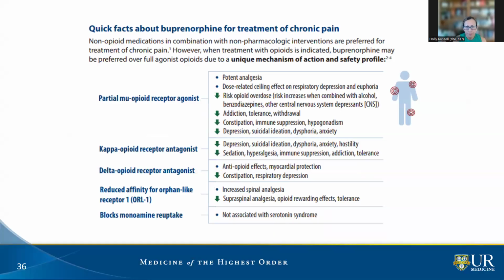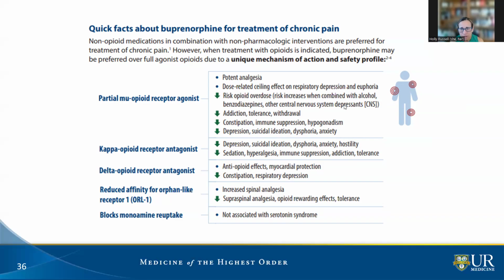This is an overview about the use of buprenorphine for chronic pain. You can see a summary of all of the different receptor effects. So the main ones are at that mu opioid receptor where it is a partial agonist, as we discussed at length. The analgesia has a dose-related ceiling effect. Again, it does have opioid overdose risk, but it's lower than with other opioids.